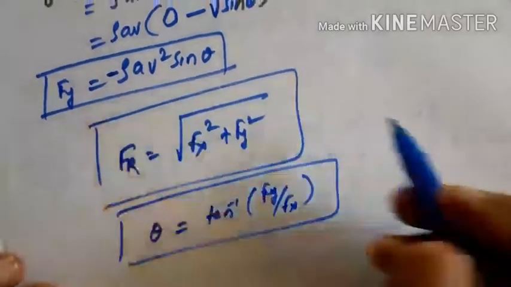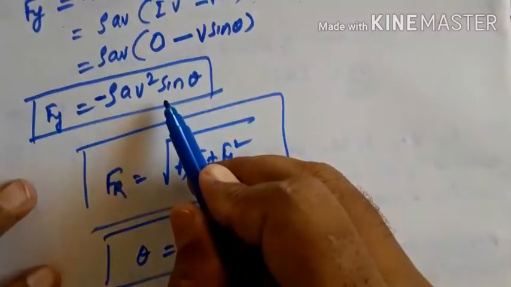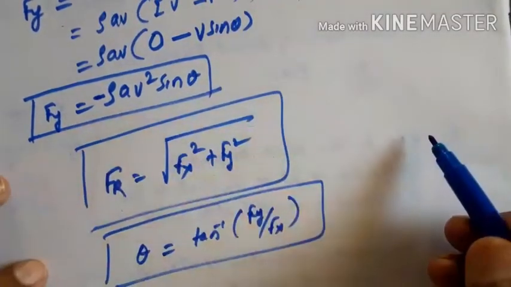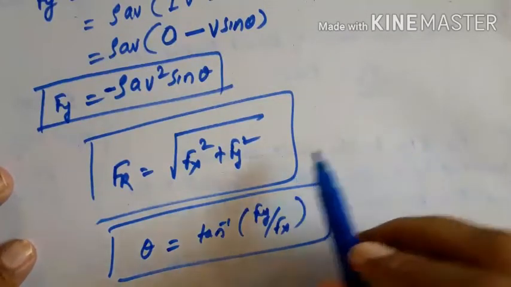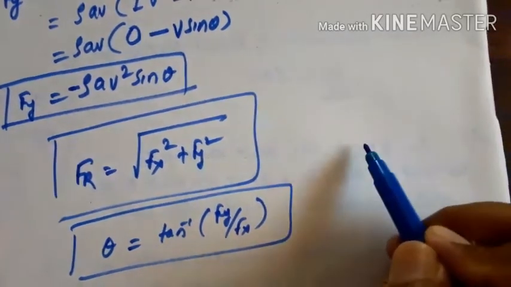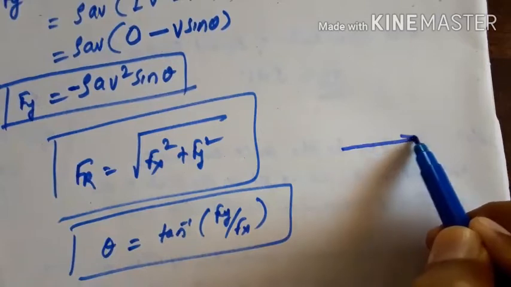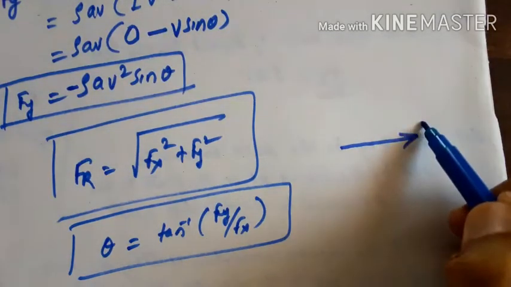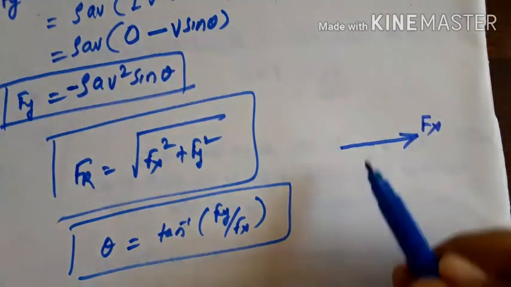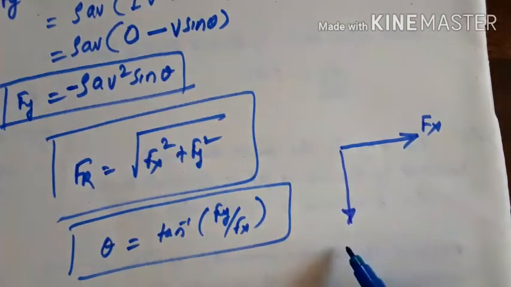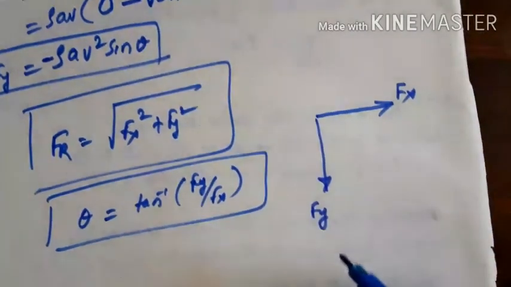So it can be represented this way: this is Fx, and another one is Fy.